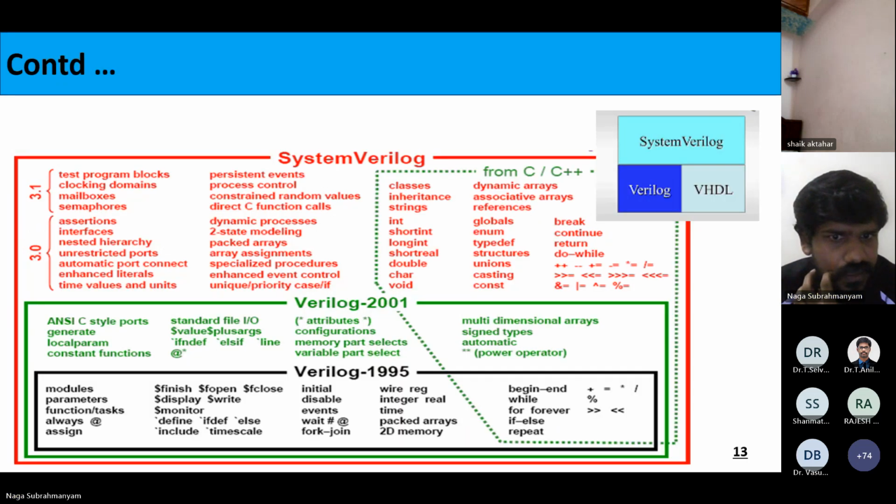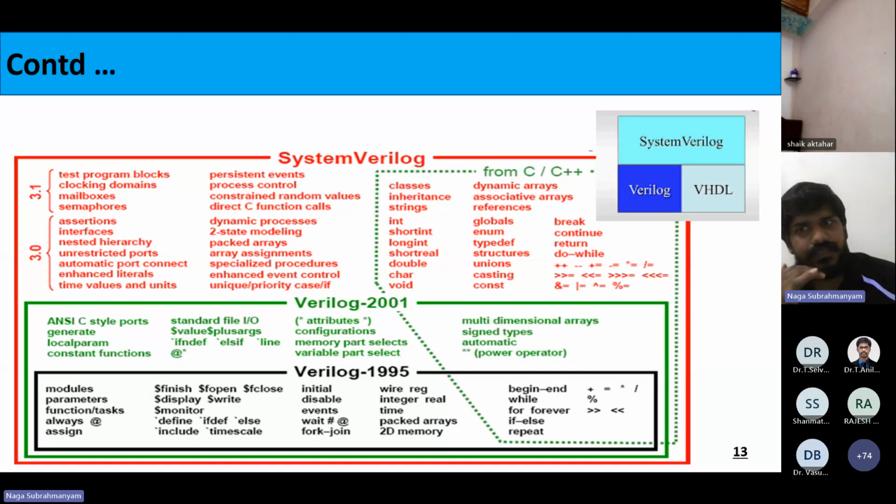Okay. These are the differences between those versions. You can see here. One thing I want to mention is that SystemVerilog is a kind of parallel processing language, so multiple things we can work on in parallel.